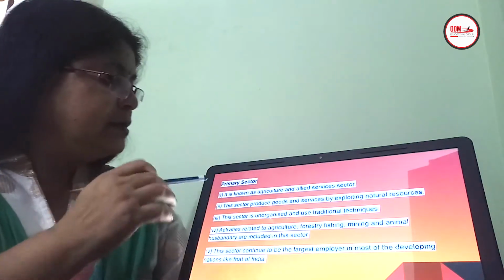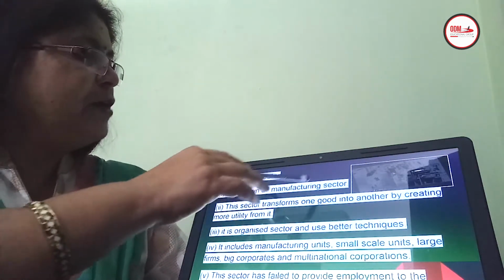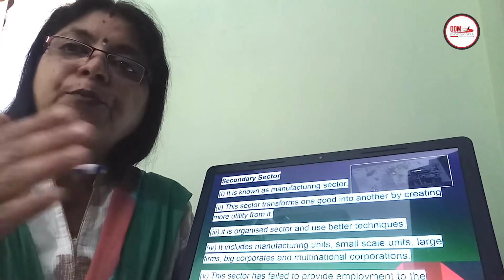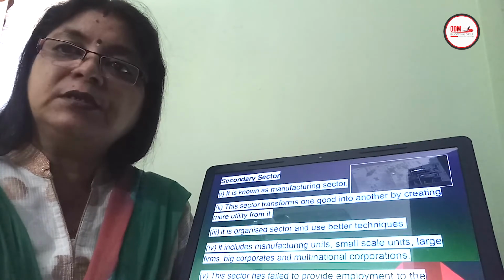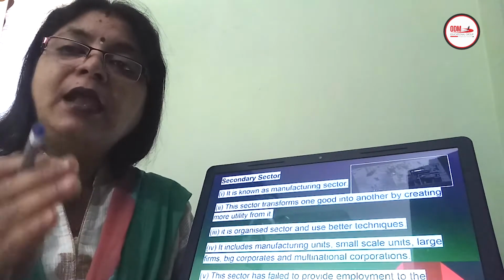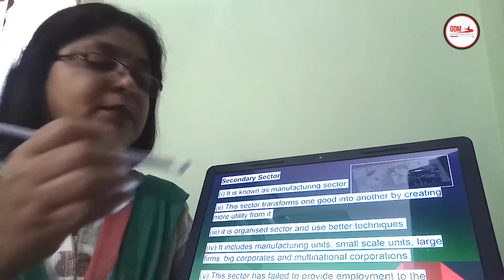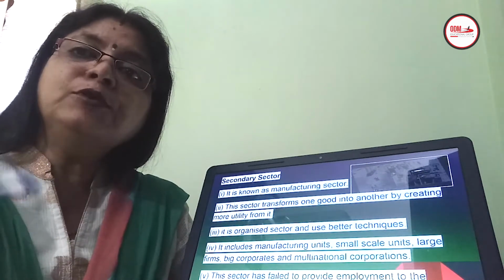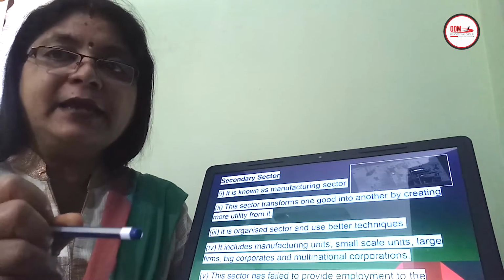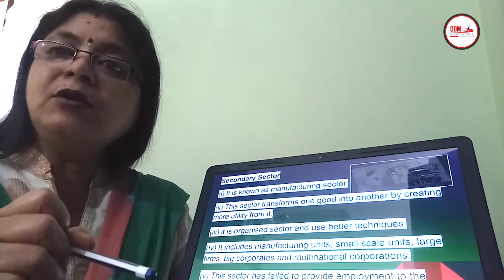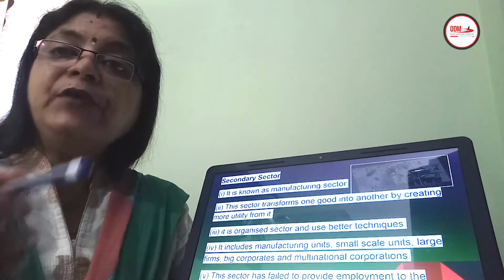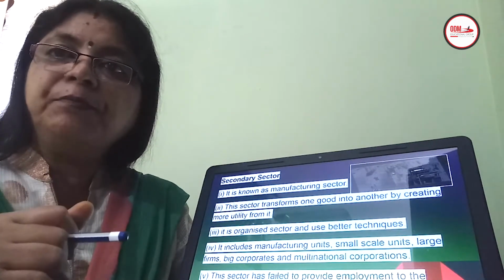Next, we will go to the secondary sector. It is known as the manufacturing sector, the processing sector, where raw material is processed into final goods. All the industries, cottage industries, small scale industries and large scale industries, come under this secondary sector. The people working in it are doing secondary activities. Like using cotton, cloth is produced. Using wheat, bread is produced in a bread factory.